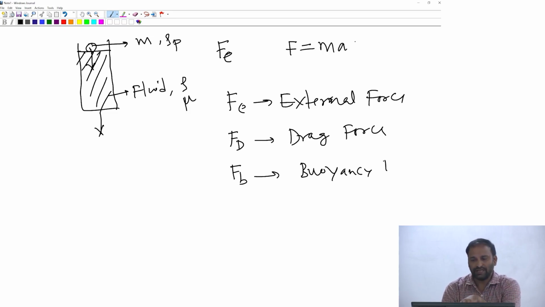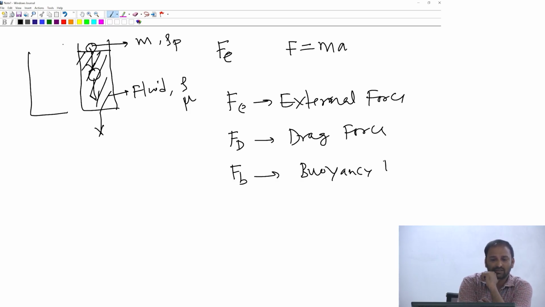So can we think about the direction of each of these forces? Let's make it simpler. I have a particle in a fluid, and this is your Fe, which is, say, acting downwards.